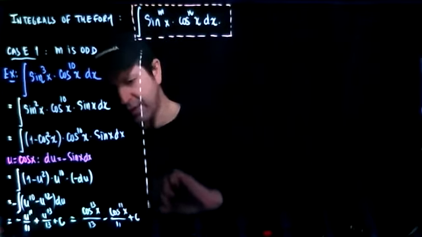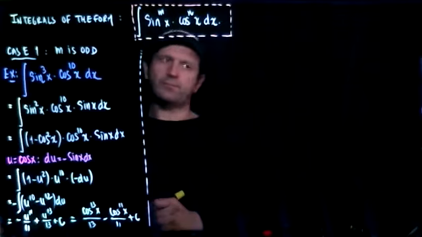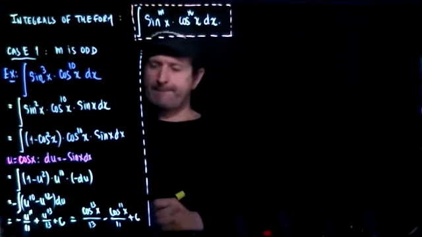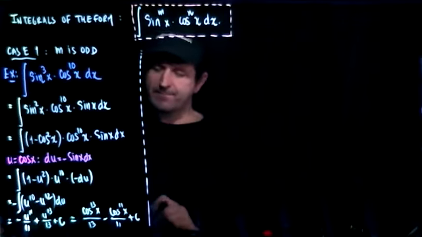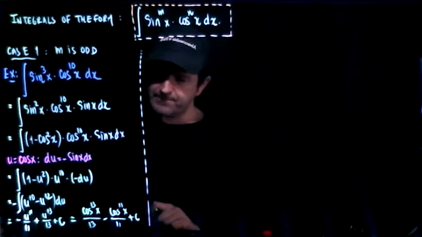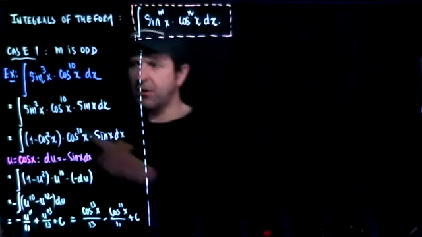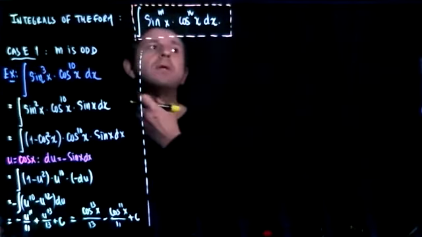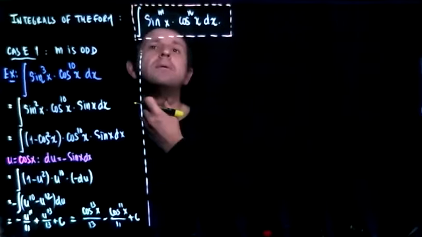This is the first case. Where did you get sine squared x equals 1 minus cos squared x?